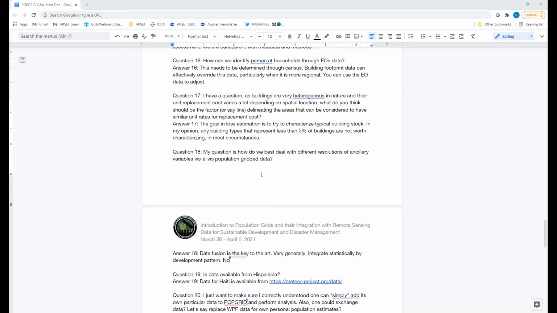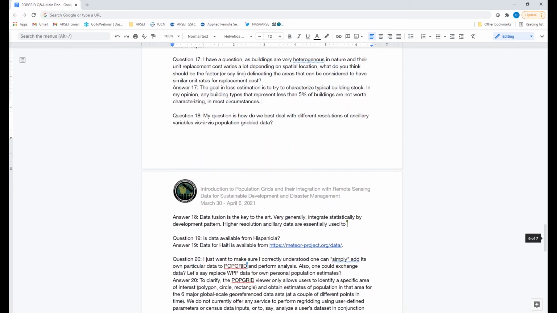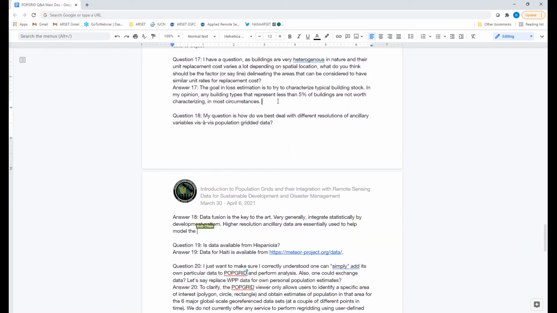Great, so question 17, as buildings are very heterogeneous in nature and their unit replacement costs vary a lot depending on spatial location, what do you think should be the factor delineating the areas that can be considered to have similar unit rates for replacement cost? I could talk about this for several hours. It gets to the nub of the matter. The important thing is to keep in mind that you're really trying to characterize the majority of buildings.